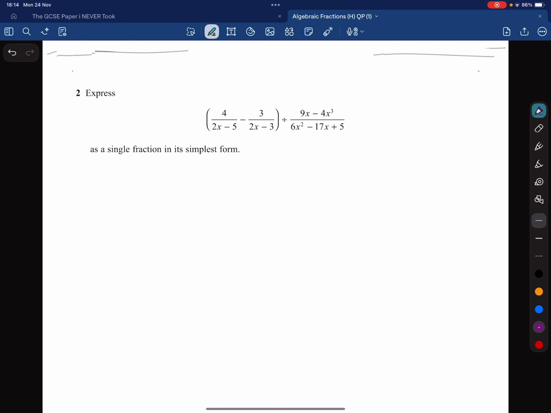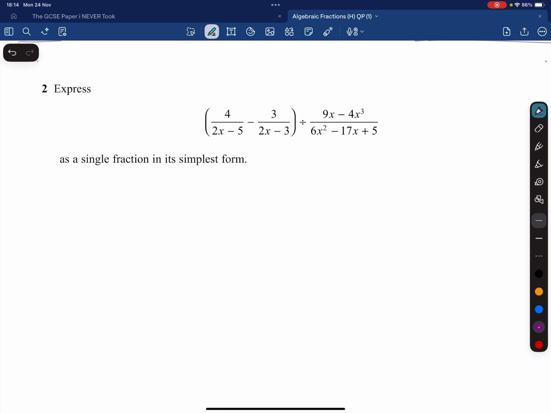Okay, so express this beast as a single fraction in its simplest form. Okay, so let's focus on this part to begin with. So part 1, we've got 4 over 2x minus 5 minus 3 over 2x minus 3.